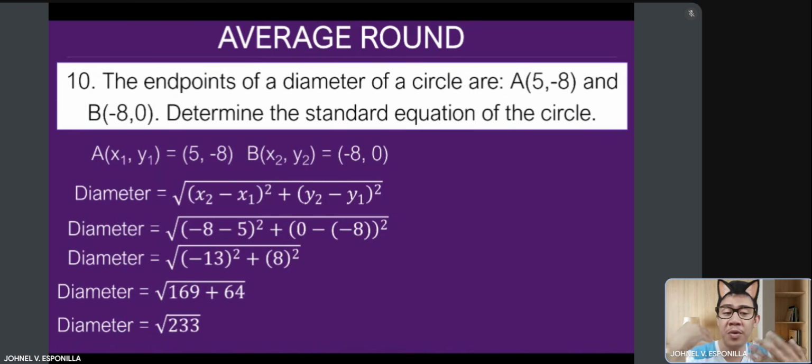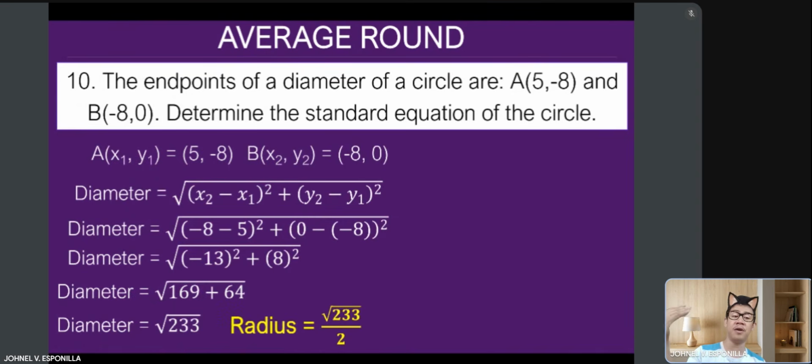Okay? Since we are not allowed to use calculator, stay sa radical para safe tayo. Okay? And the radius is kalahati po ng square root ni 233. So that is square root of 233 over 2. Okay lang po na ito yung gamitin kasi mamaya mawawala po yung radical na to.